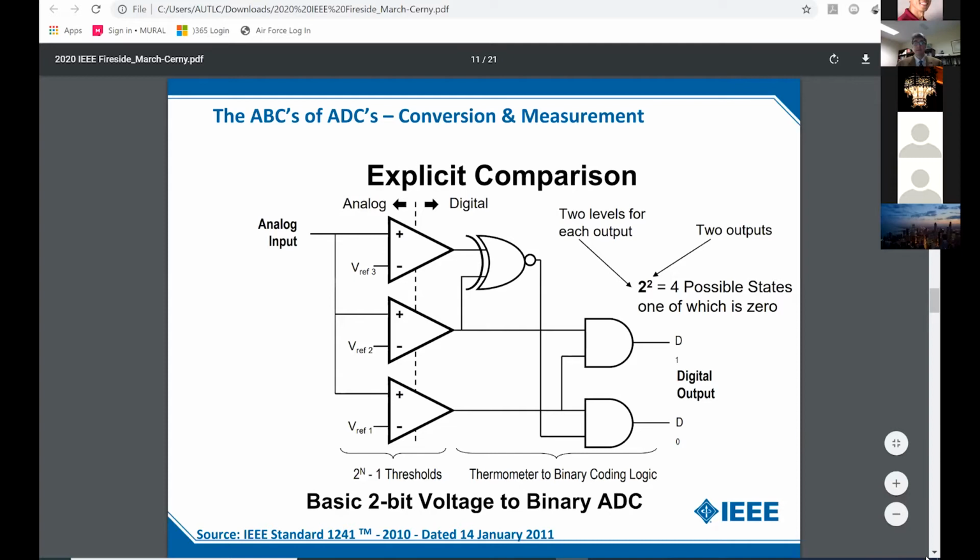And when you think about the 2 possible outputs, all the way at the bottom underneath the analog line, 2 to the n minus 1, where n is equal to 2, gives us 3 threshold references that need to be placed into our ADC architecture. All right.